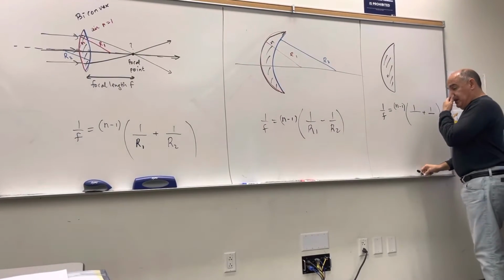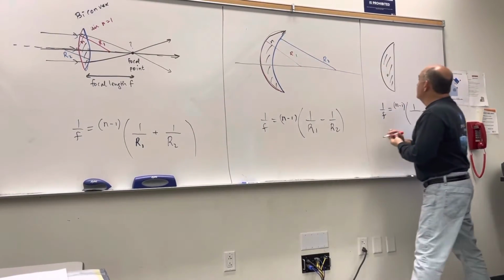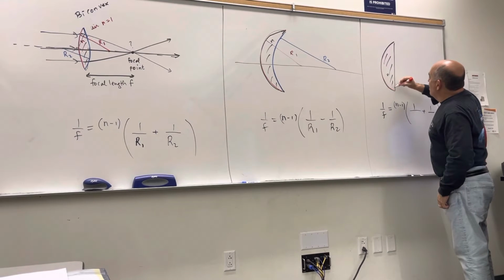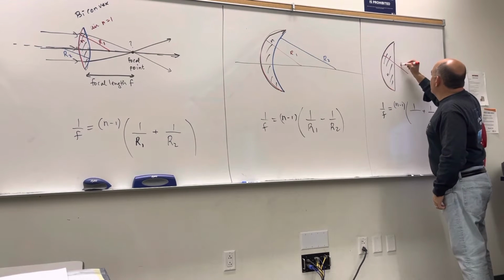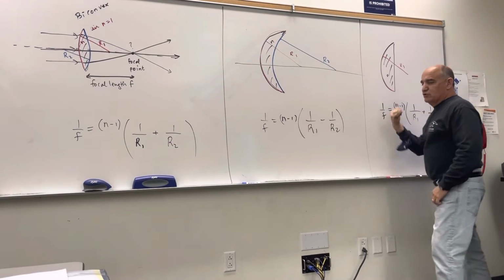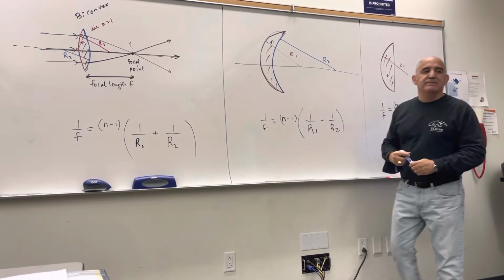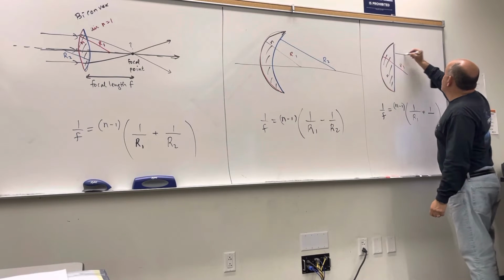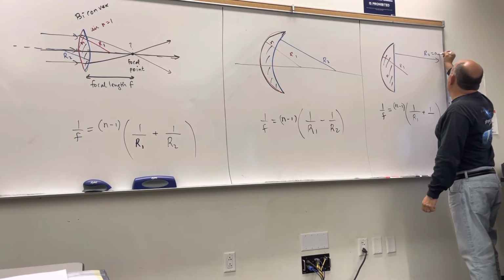Now, what is the radius of curvature of this one? Okay, so that's the first lens, so that'll be R1. But what is the radius of curvature of a flat surface? Infinity. So for this one, R2 goes to infinity.